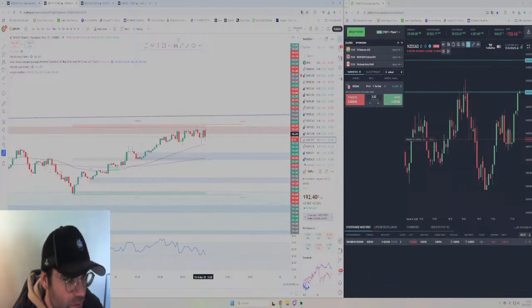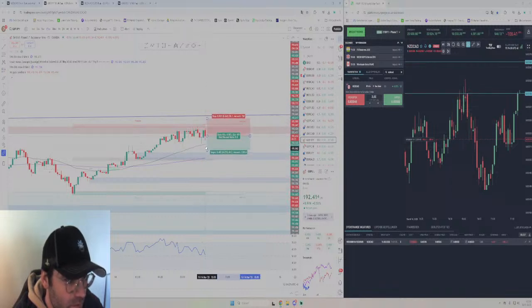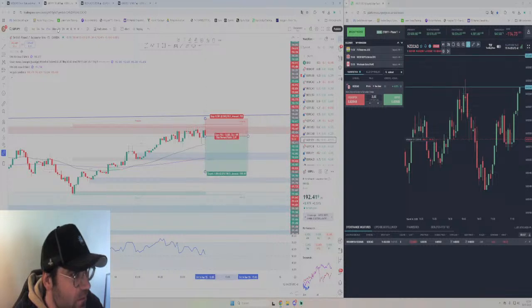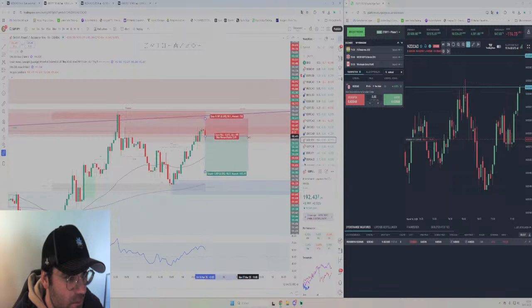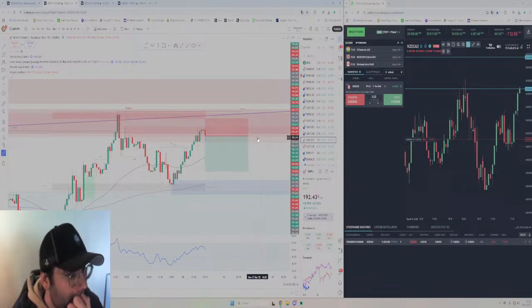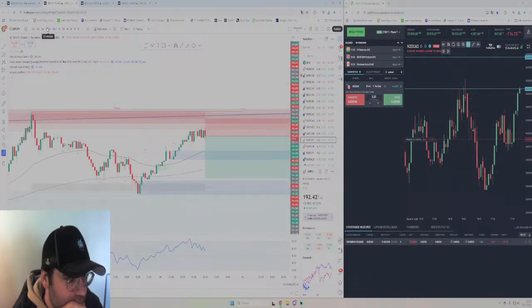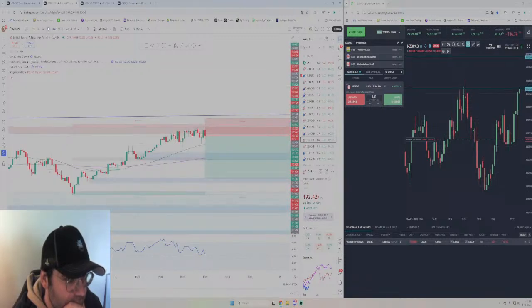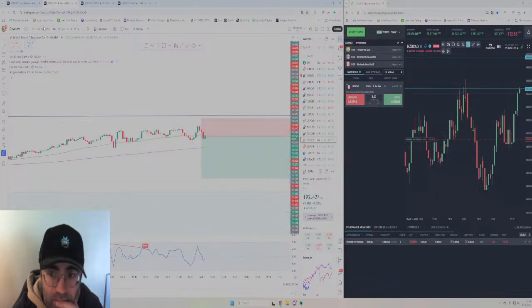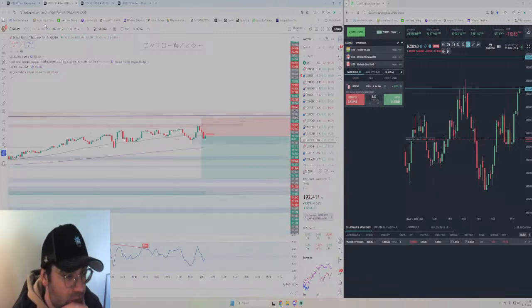Okay, how would a short look here? Damn, it's always crazy how many pips it is with a JPY pair. Meanwhile, my trade is going in the wrong direction, I would say.